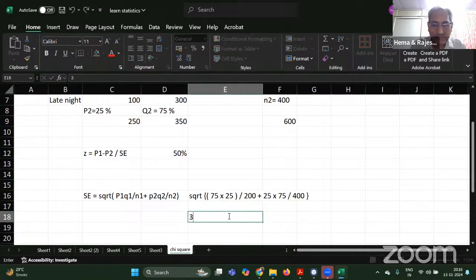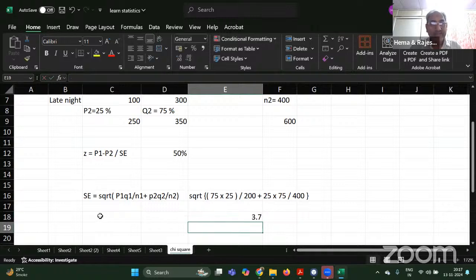Let's say 3.7. So the standard error of difference between two proportions is 3.7, while the actual difference P1 minus P2 is equal to 50%.